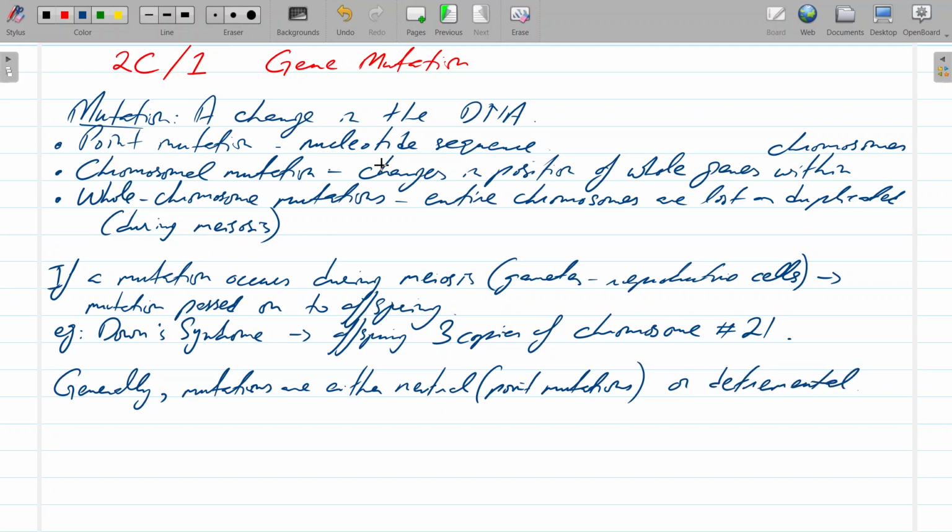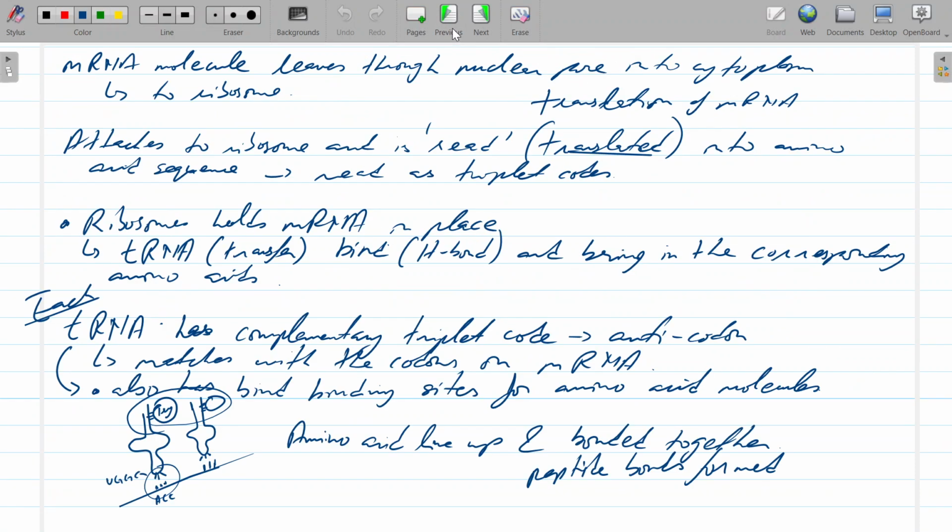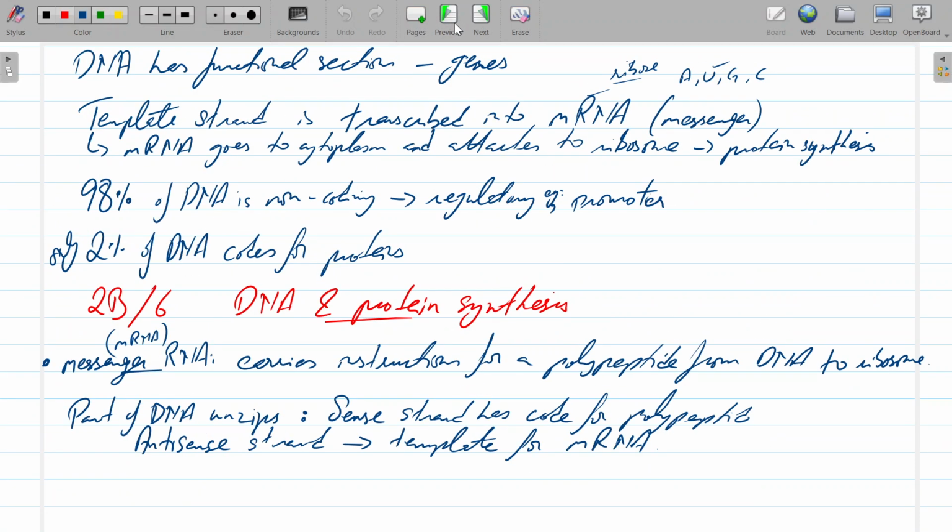So even in point mutations, it can be detrimental. Chromosomal mutations and whole chromosomal mutations, definitely. So there aren't cases that I know of, at least, where you've got whole chromosomal mutations and they are neutral. Okay, there are certain cases in point mutations, and we actually discussed them in our last class, where there was no change, and that's owing to the fact that the DNA code is redundant or degenerate.